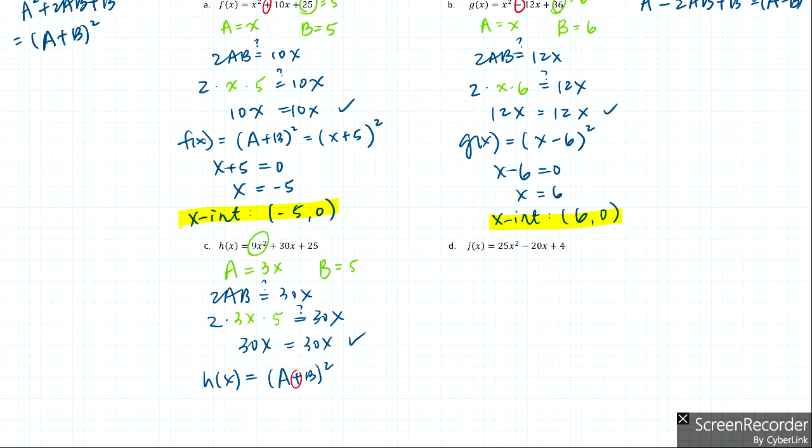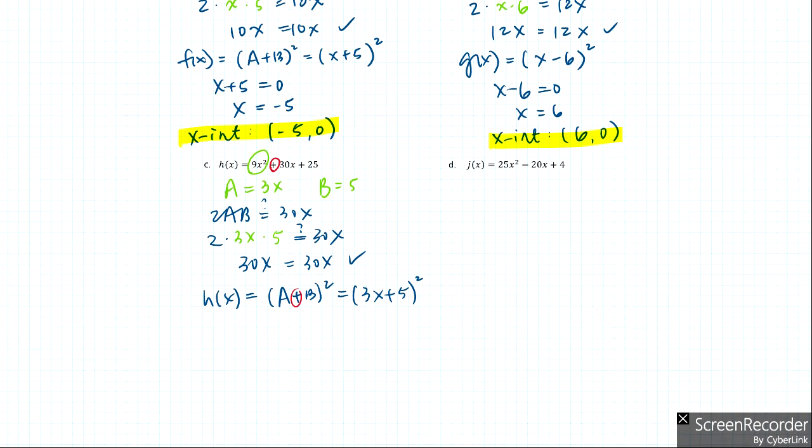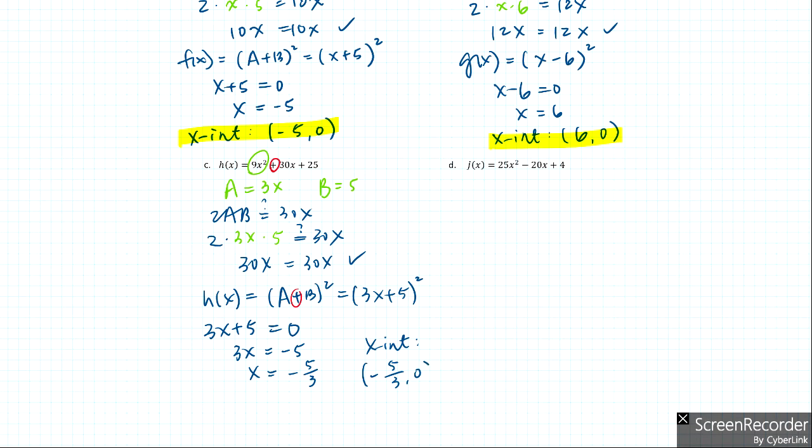Same as before, it's plus because it's plus in front of the linear term, so we get (3x + 5) squared. Now to find the x-intercept, we set this factor equal to 0, so 3x equals -5, therefore x equals -5/3. Our x-intercept here is (-5/3, 0).